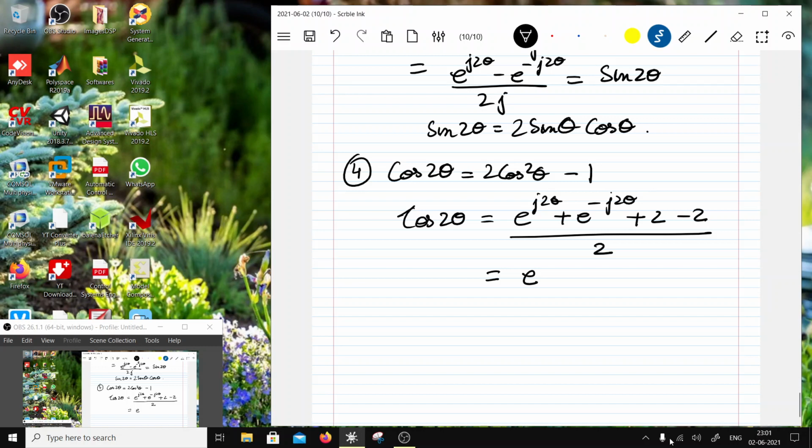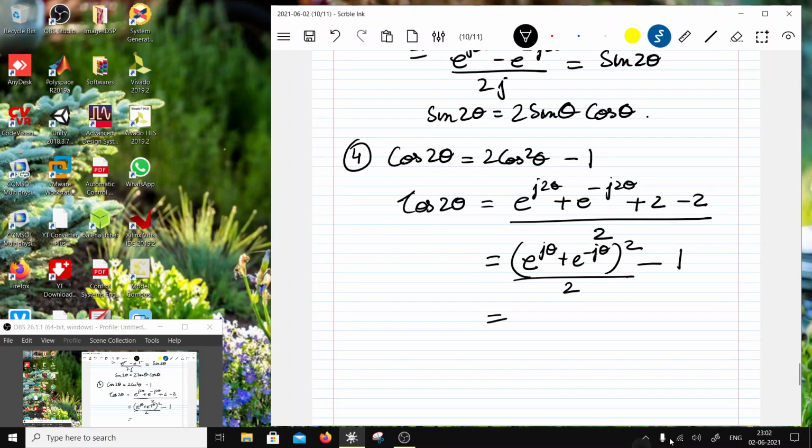So this can be written as e raised to j theta plus e raised to minus j theta whole square divided by 2, minus 1.